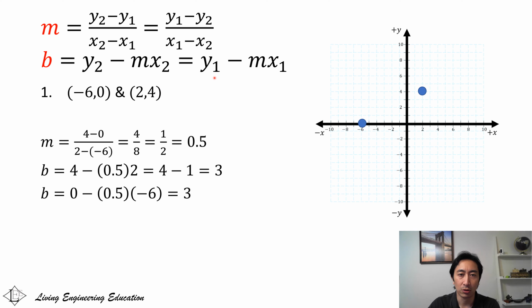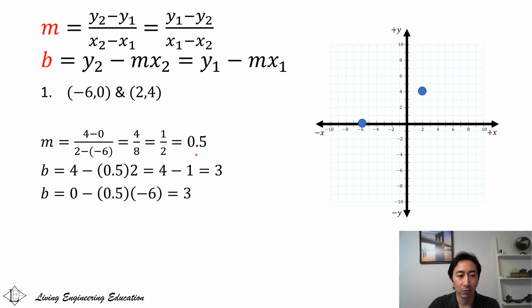I can do the same thing using point 1. So y1 is 0, the slope is 1/2, and x1 is negative 6. So 0 minus 1/2 times negative 6; 1/2 times negative 6 is negative 3. Subtracting that from 0, that's going to give us 3 as well. So either way gives us the same answer. That gives me more confidence I solved this one correctly.